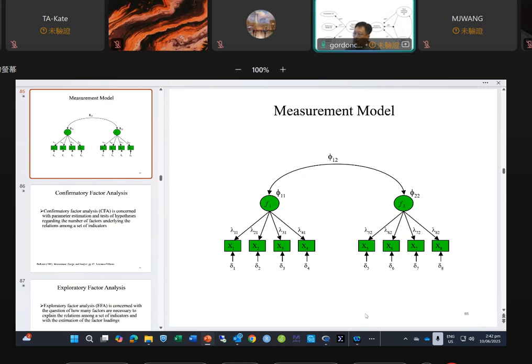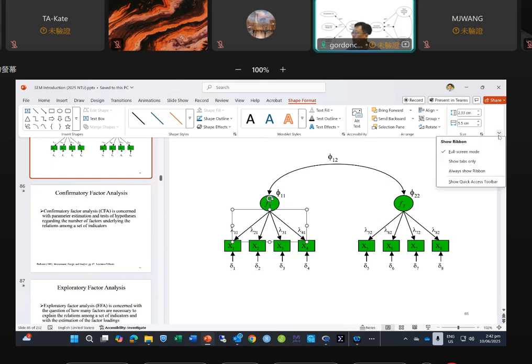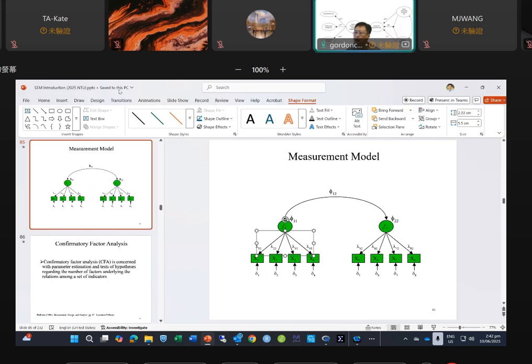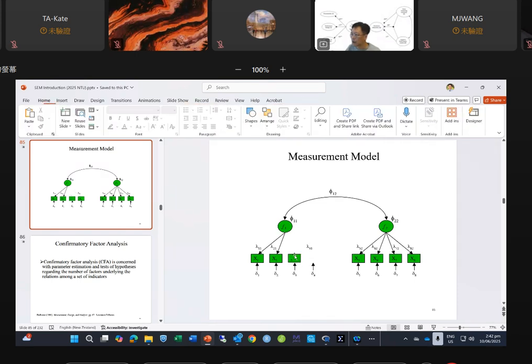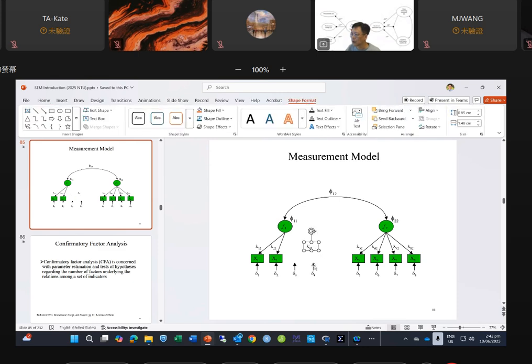Now assuming we have 5 items, the first factor is measured by 2 items. Let me modify my model. So we have 5 items.